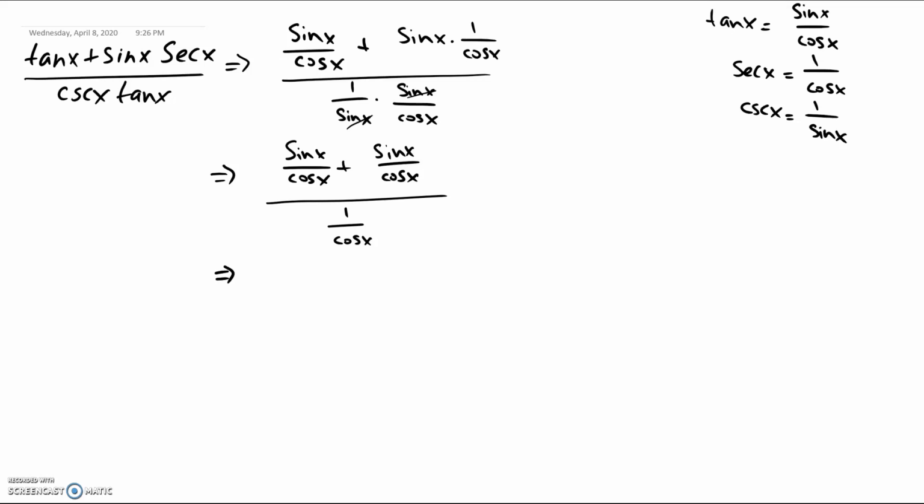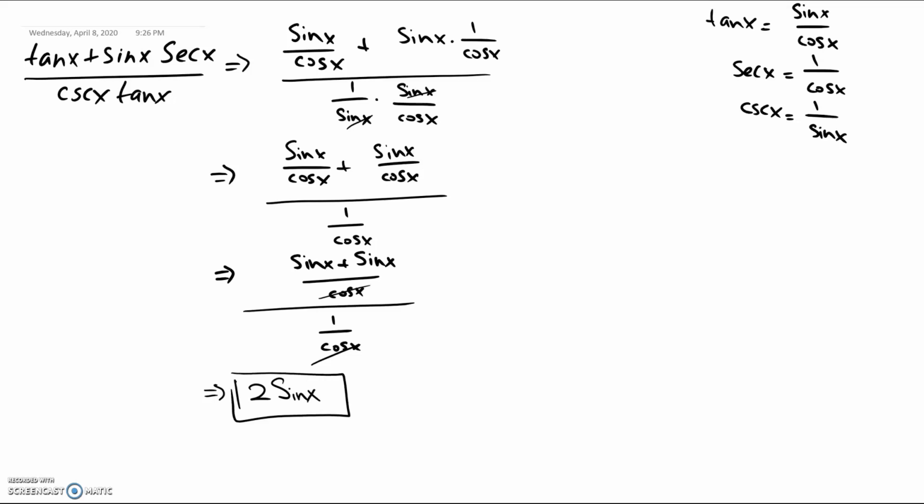It's going to be sine x plus sine x over cos x, over 1 over cos x. By reciprocal rules, this cos x and this cos x will cancel out each other and you will be left with only 2 sine x, and that is the simplified form of the given expression.